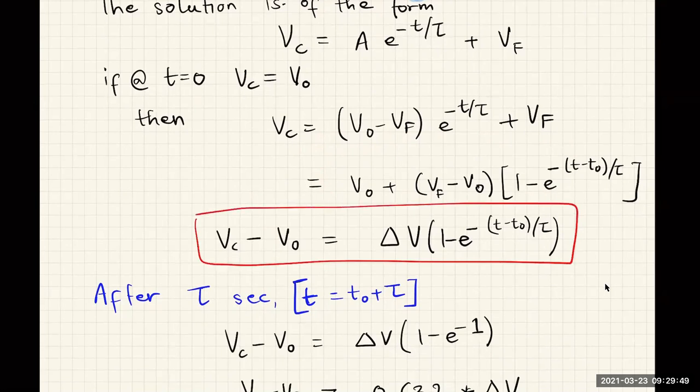And what this is basically saying is that, so this is Vc of t.